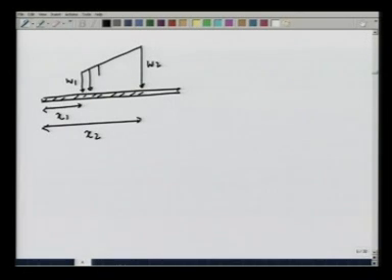Along the way, this is how the load is distributed. Again, with respect to this point where the beam is hinged, I want to find out what is the total load and where effectively it is acting. So, the total load is going to be the area of this trapezoid.